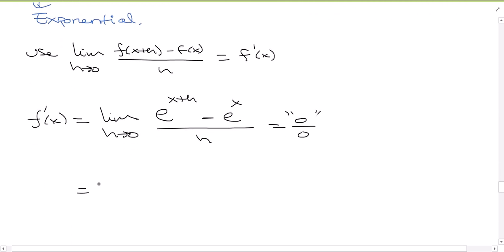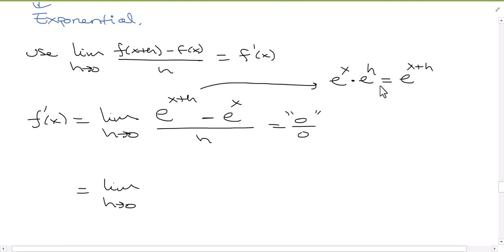So here, let's reverse the rule of exponents that allows us to add exponents. When are we allowed to add exponents? When we multiply the same bases, right? If I have e to the x times e to the h, when you multiply the same bases, you add the exponents. So I can also go backwards.